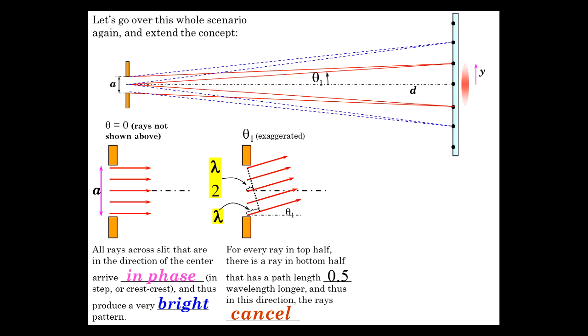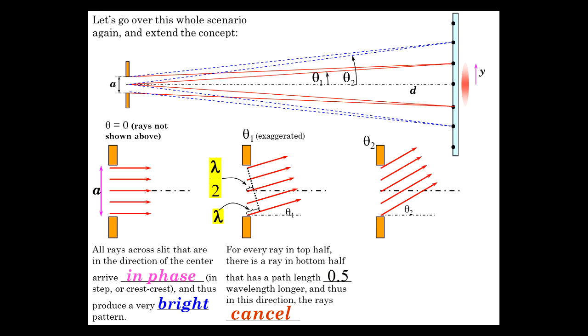Now we're going to pick another angle. Let's pick theta 2. And this is a steeper angle that the rays are projected toward. Keep in mind the rays are projected at every angle, because what's coming out of here is energy, rays going in every direction from all those huge number of tiny wavelets.